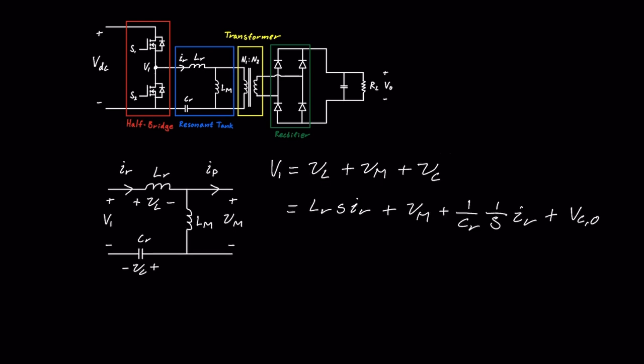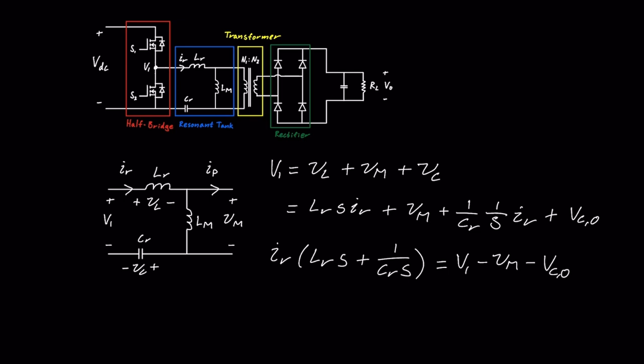So we have IR in this term and this term, so we can just solve for IR. That leaves us with IR multiplied by LR S plus 1 over CR S, and this equals V1 minus Vm minus Vc0.